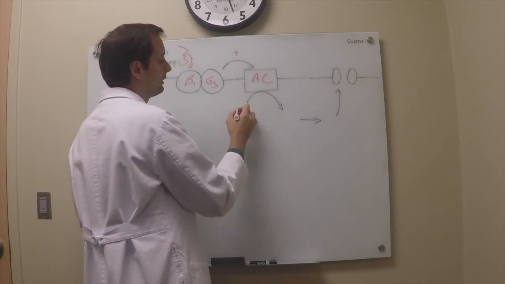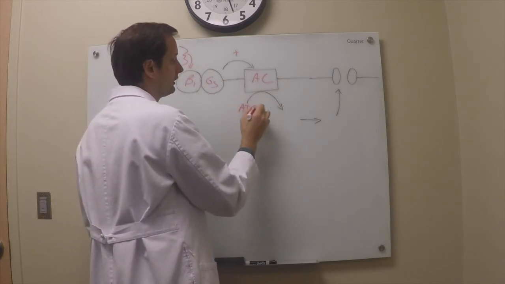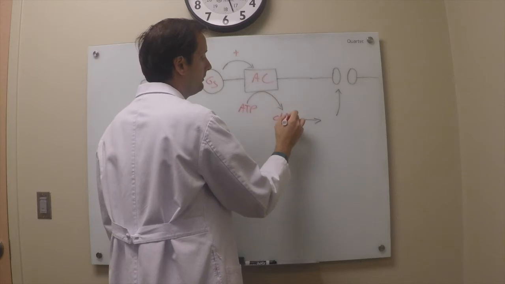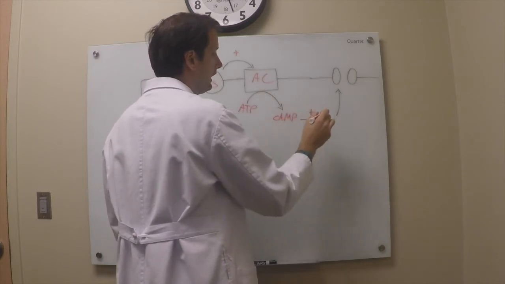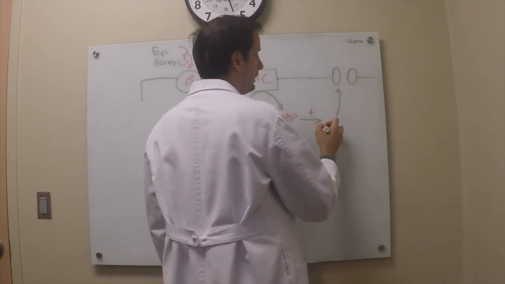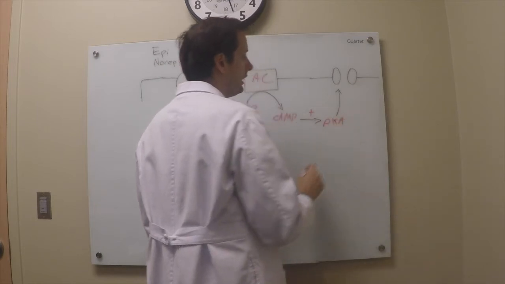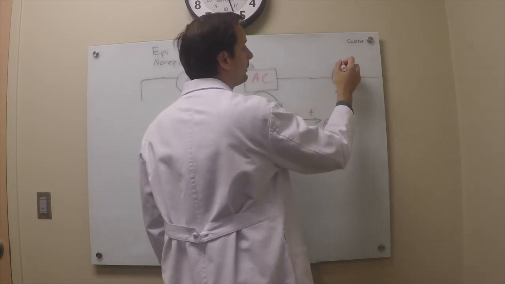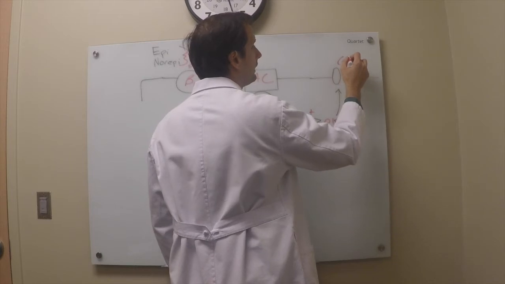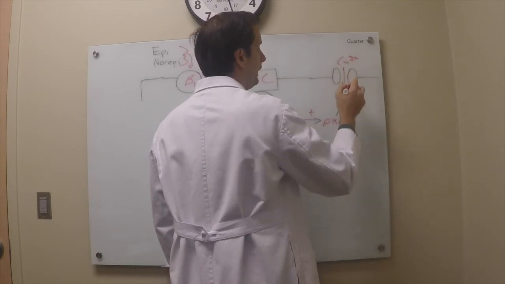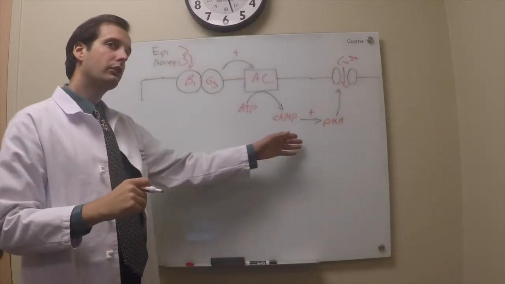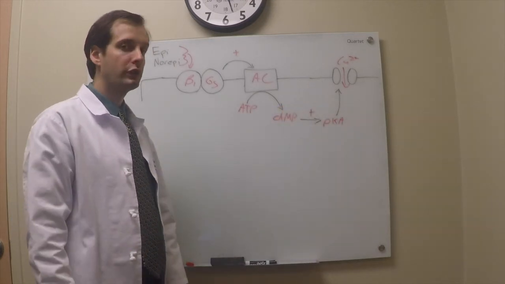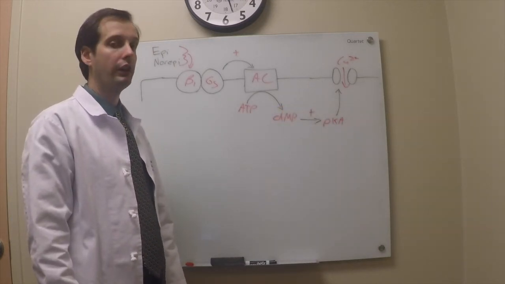Adenyl cyclase, in the presence of ATP, is going to make cyclic AMP, and cyclic AMP is going to activate protein kinase A, and protein kinase A will phosphorylate our slow inward L-type calcium channel, thereby increasing the influx of our trigger calcium and increasing our inotropy.